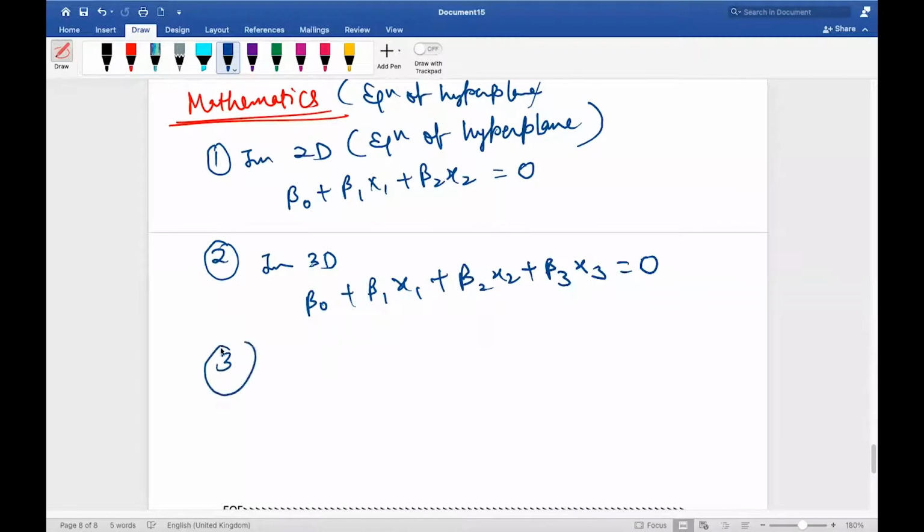Now, what about p dimensions or n dimensions? Beta 1 x1 plus up to beta n xn is equal to 0.